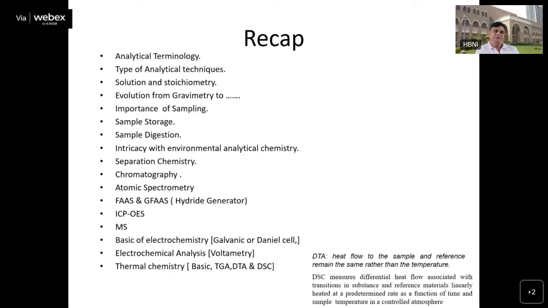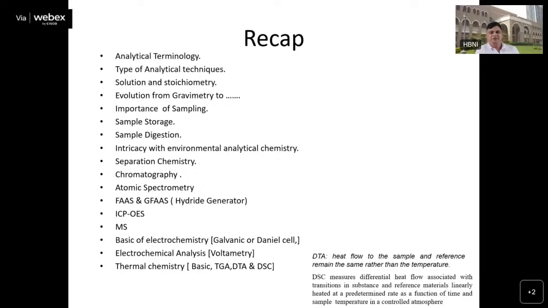See, once you withdraw the samples, most of the time it's not possible to do the analysis immediately. Generally we bring the sample from the site to the lab, or if you are involved in synthetic chemistry, you do the synthesis in your lab and then give the sample for analysis to other labs. So there is a time gap. During the time between sample generation and sample analysis, there is a chance that you will lose your analyte of interest.